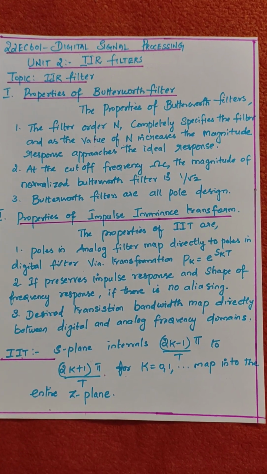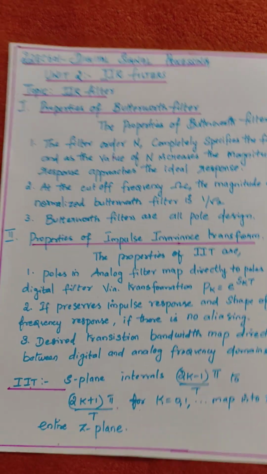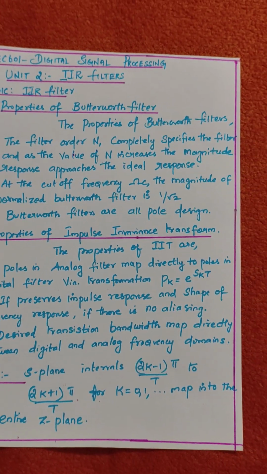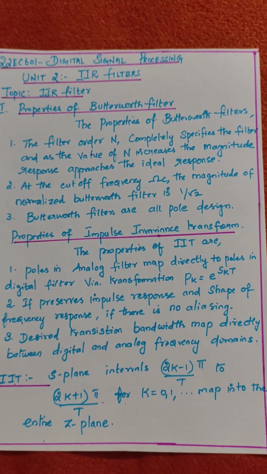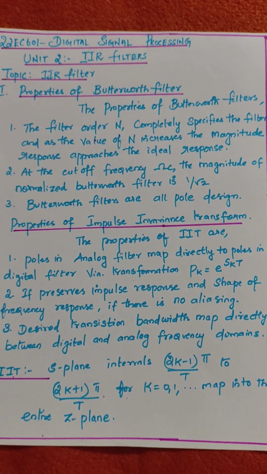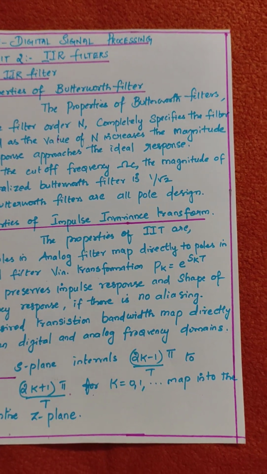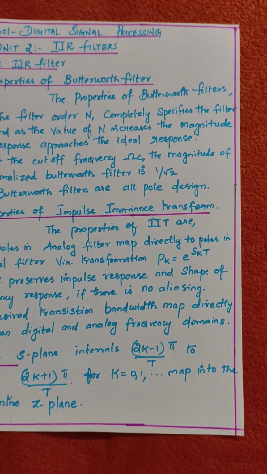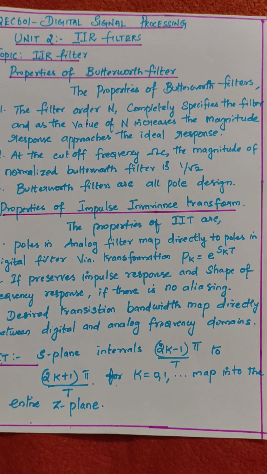You are going to find the filter order N. Once you calculate the N value using the Butterworth filter formula, it completely specifies the filter design. Based on the N value you will get the magnitude response. From the magnitude response, you compare with the ideal response.